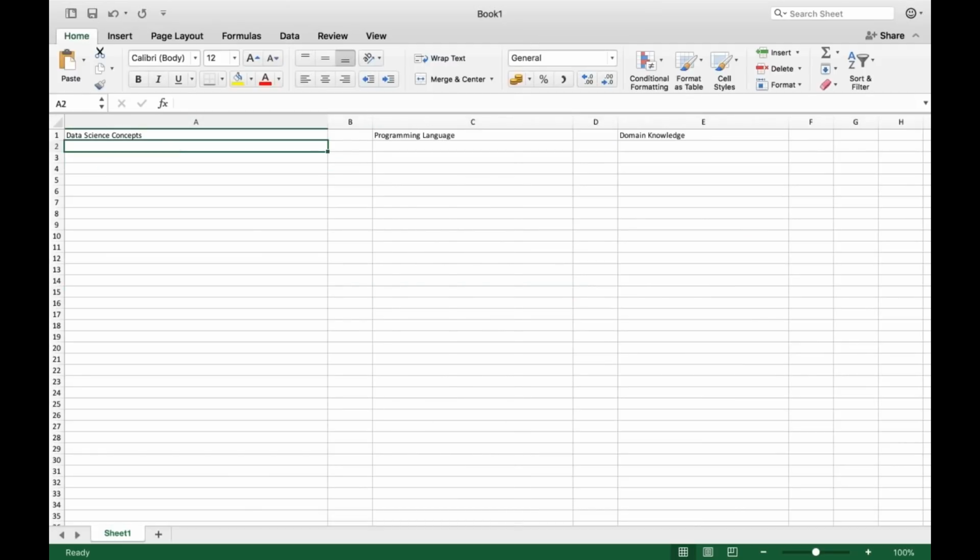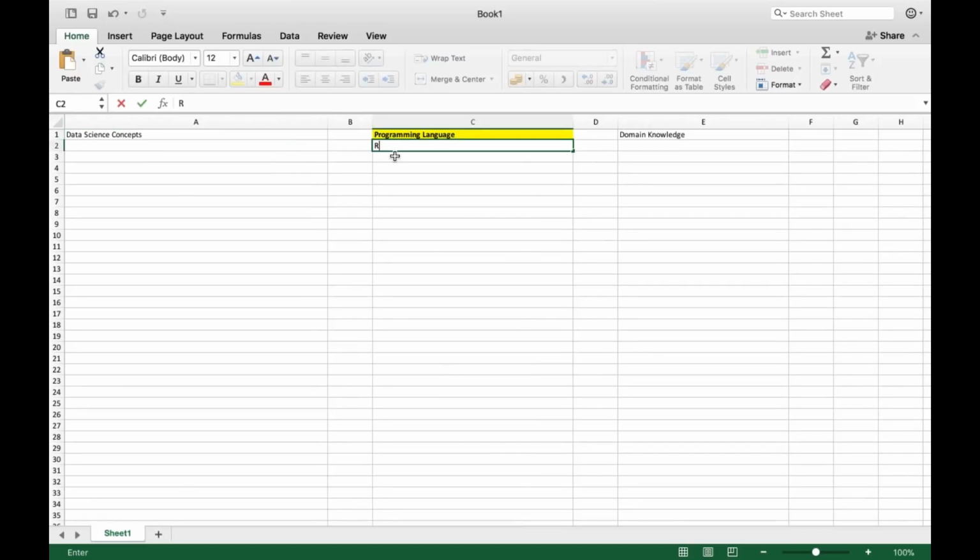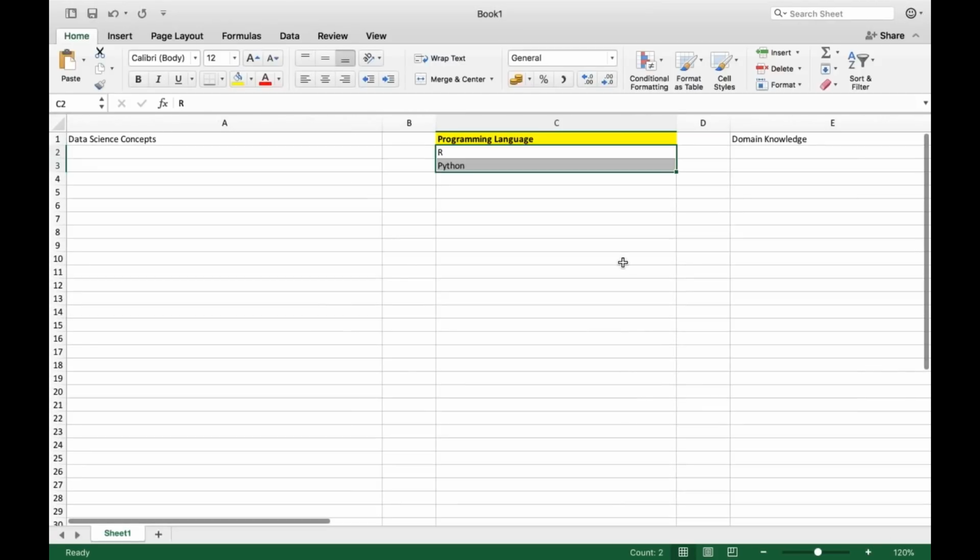So as part of programming language, first I wish to speak about this programming language. You need to be either good at R or Python. It is always a plus if you have knowledge of both of these. And the key difference is R is extremely good at statistical stuff.